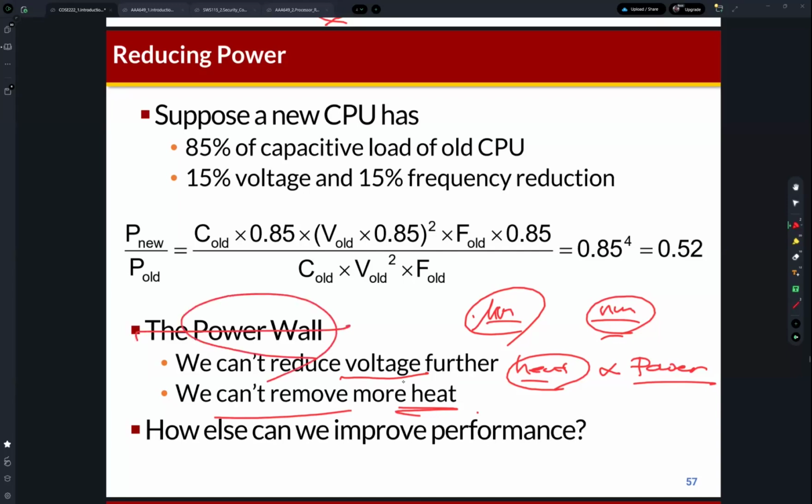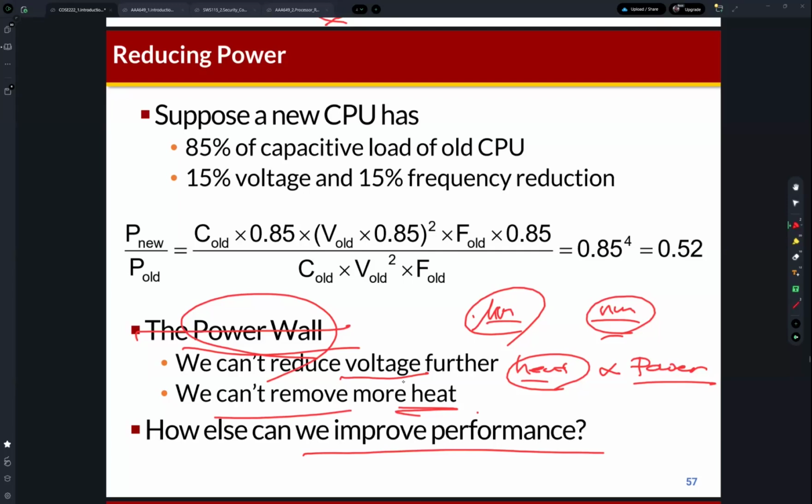Because of the high power consumption of a processor, it's not easy to make a better CPU or GPU. Because of power, okay? Then how can we improve the performance?